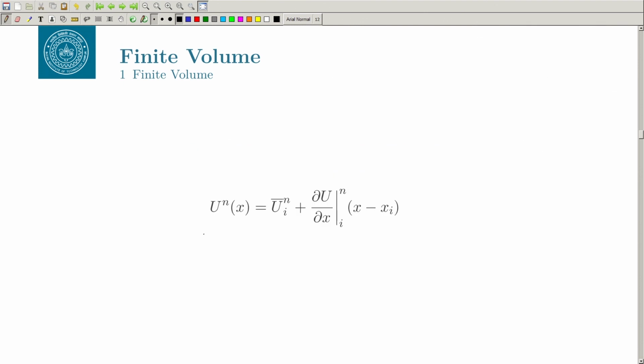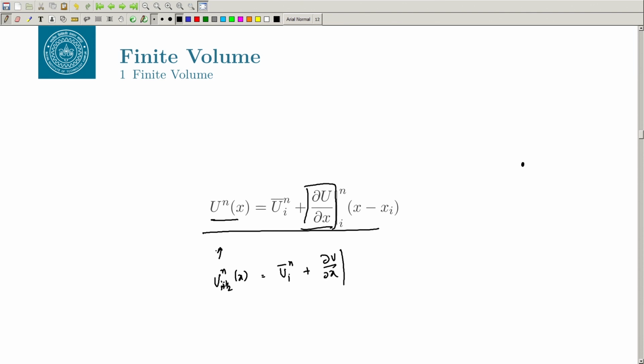In general, if you know the gradient somehow, this del u by del x, that is how the u is varying within the cell, then you can evaluate it at any point. So, if you want u at I plus 1 half, you can use the value at the cell center, which is u I n, plus somehow the gradient, how the u is varying.